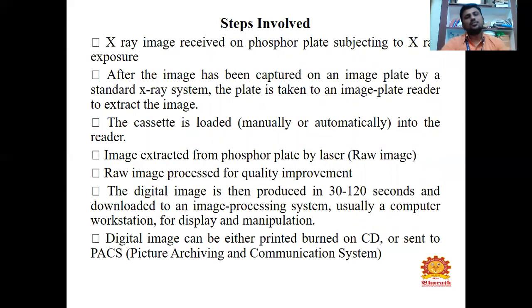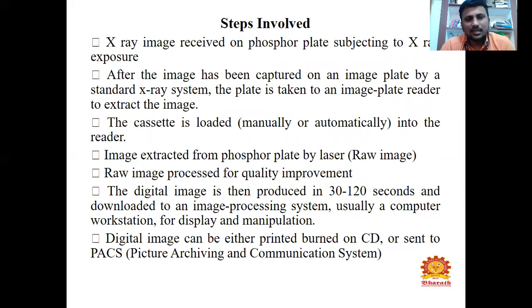Now in this process, what are the steps involved? The image plate receives an image when subjected to X-ray exposure. After the image has been captured on an image plate by a standard X-ray system, the cassette is loaded manually or automatically into the reader.